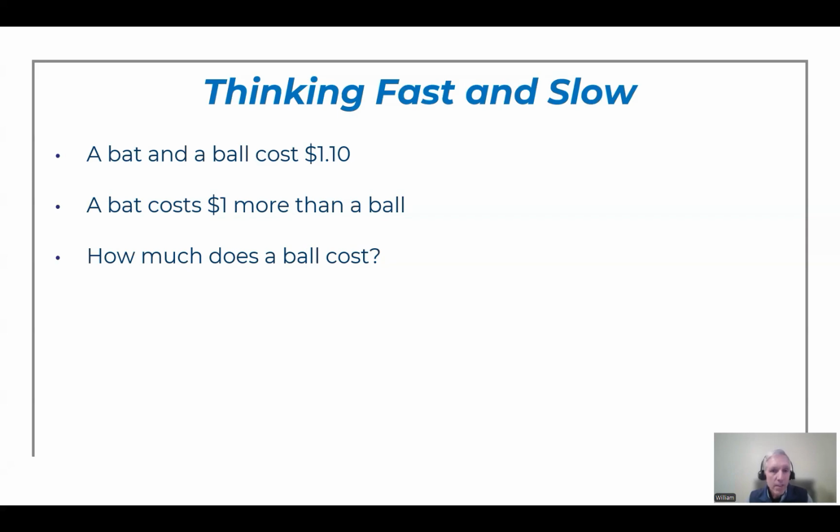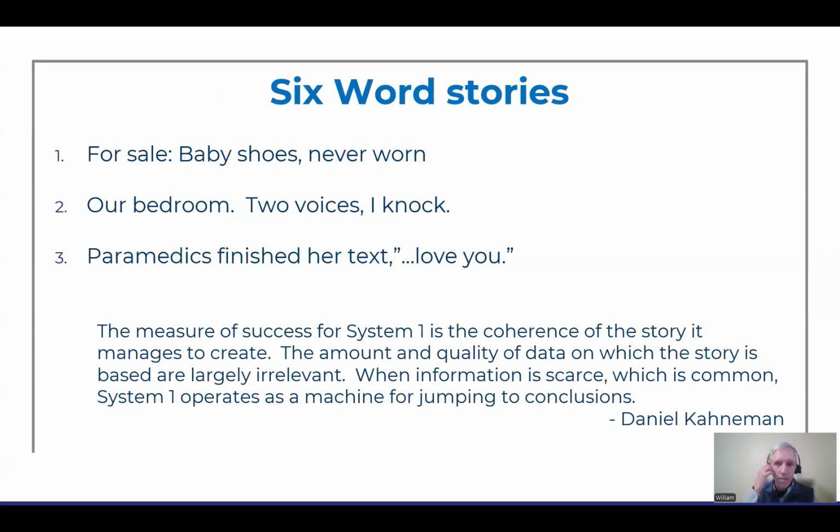If a ball costs 10 cents, then a bat would have to be a dollar, and it wouldn't work. So that's just an example of putting your brain through the paces of fast and slow thinking.